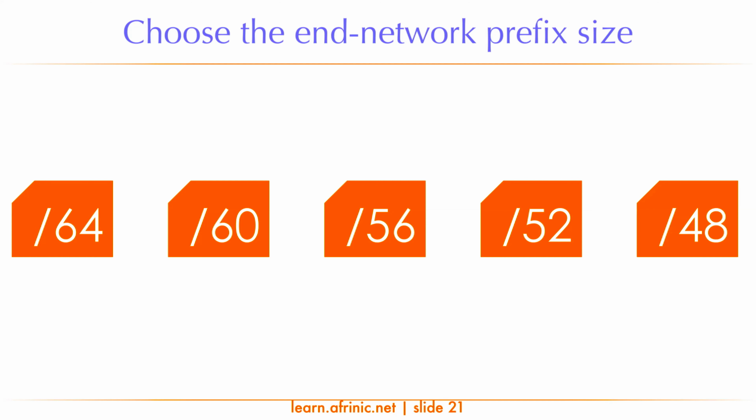If you're an ISP, don't give your customers a /64. Why? Because this means that they cannot break it down further or subnet the prefix in order to support additional VLANs in their networks. What we recommend is, if you're being very, very stingy, the minimum you should give is a /60.